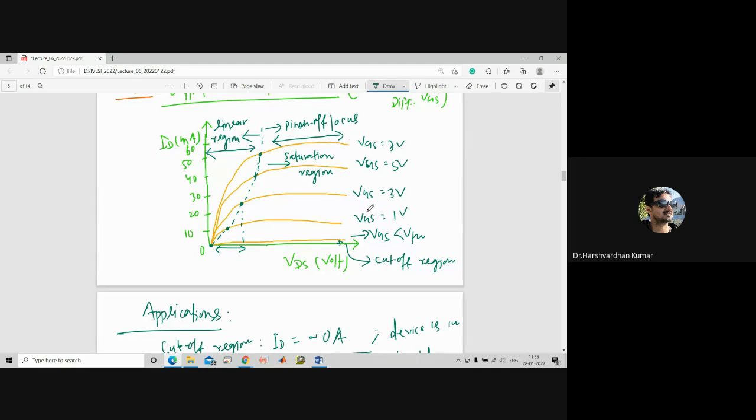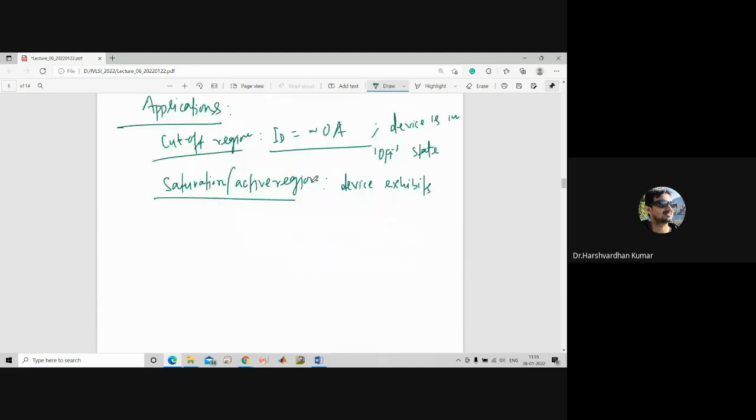For a particular value of VGS, you are getting the peak current, right? In the saturation region. So it means that the device exhibits maximum drain current. Everything you have to observe from the graph, ID max. So it means that the device is in on state.